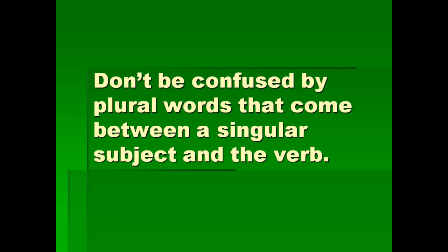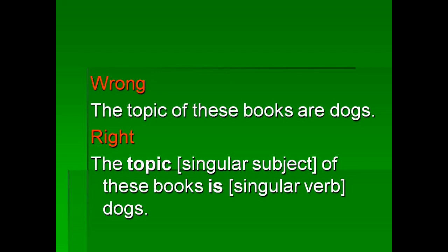Again, don't be confused by plural words that come between a singular subject and the verb. These words come in between a singular subject and the verb. Look at the following sentences. "The topic of these books are dogs." "The topic of these books is dogs."